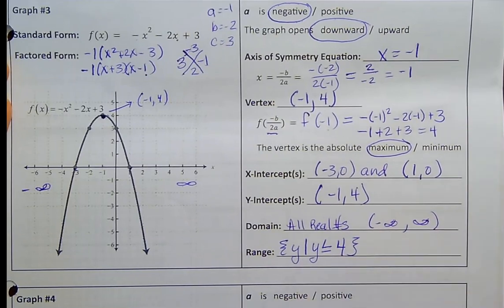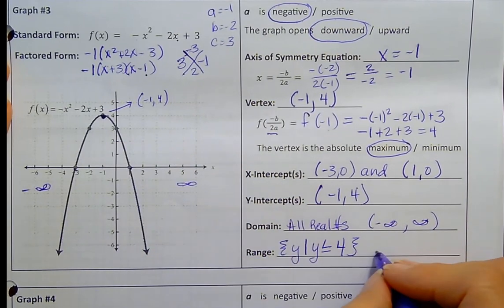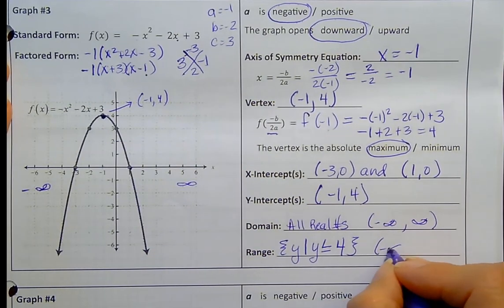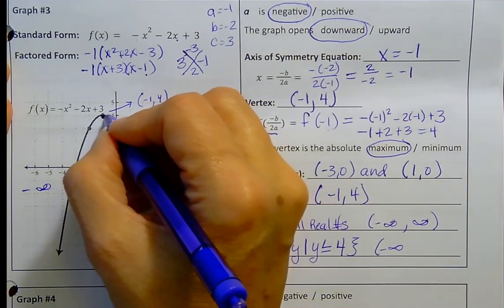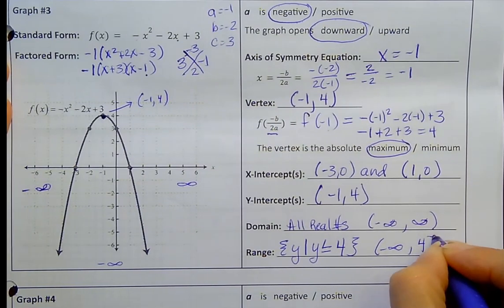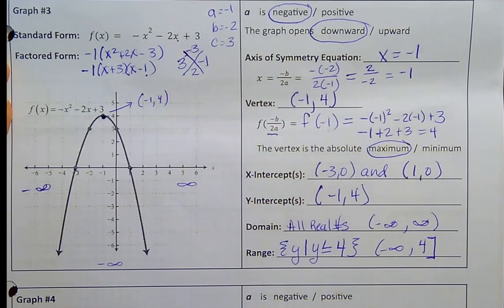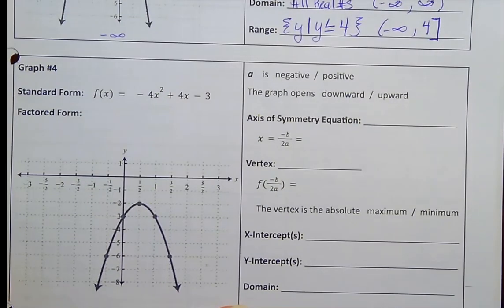So you can say y such that y is less than or equal to 4, and you can also say that our smallest y possibility is -infinity, because we really are going all the way down here to -infinity, right? But our highest y value is 4. So we're going to go all the way up to 4, and that's a square bracket because we have a solid circle there.